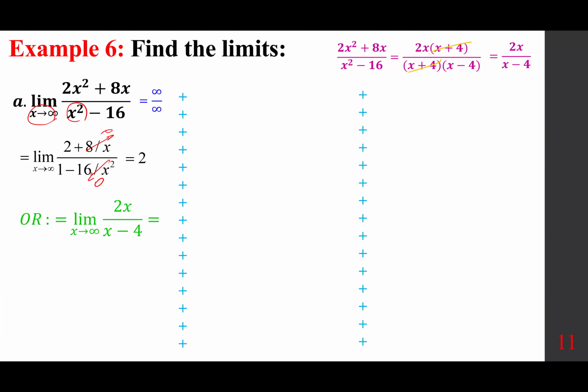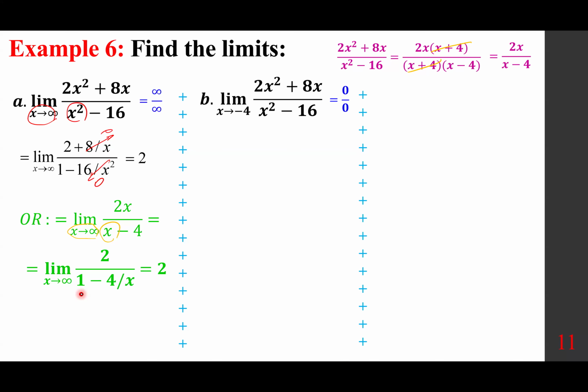If I work on that instead, I have to divide by x. Again, why? Because x is approaching infinity. If x is approaching infinity or negative infinity, that's the technique. So when I divide by x, this becomes 2, this becomes 1, this becomes negative 4 over x. This goes to 0 when x approaches infinity, 2 over 1. We are done.